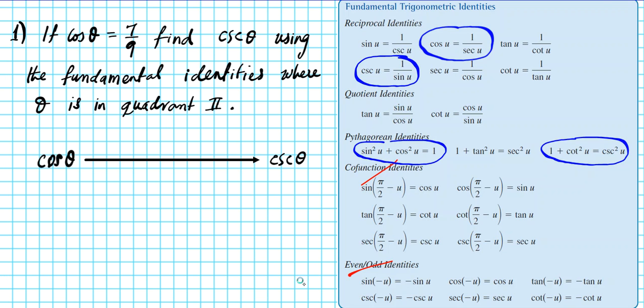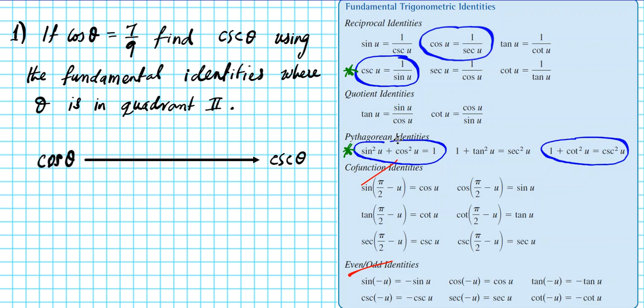So if you think about it for a second, if you look at this Pythagorean identity, this can take you from cosine to sine. And if you look at this reciprocal identity, this can take you from sine to cosecant. So if we make use of the combination of the reciprocal and Pythagorean identity, then we will be able to accomplish our goal.